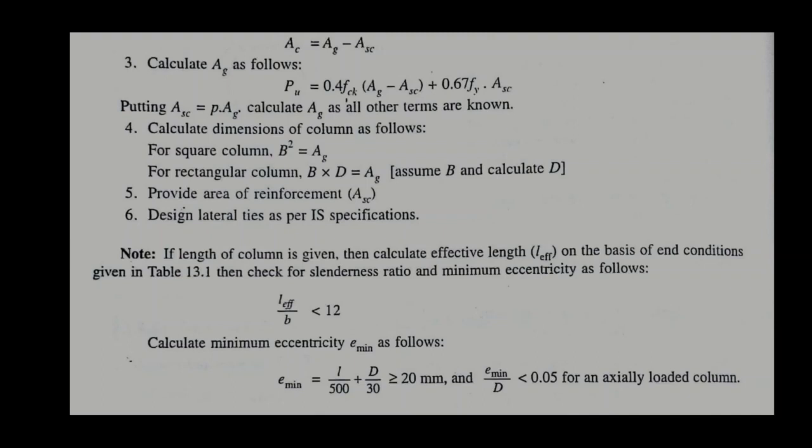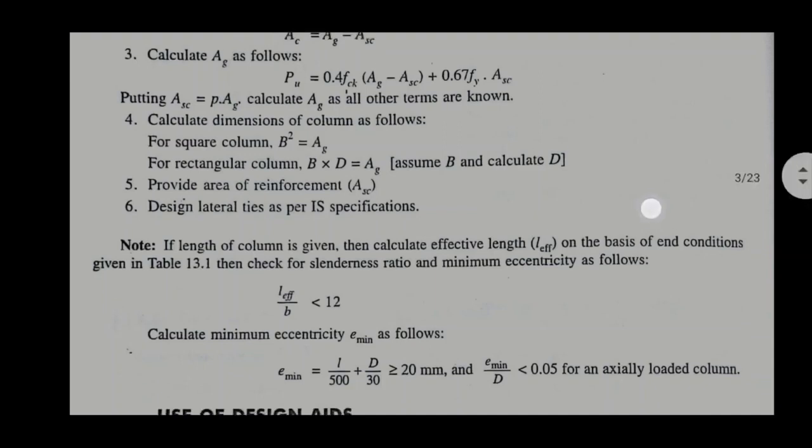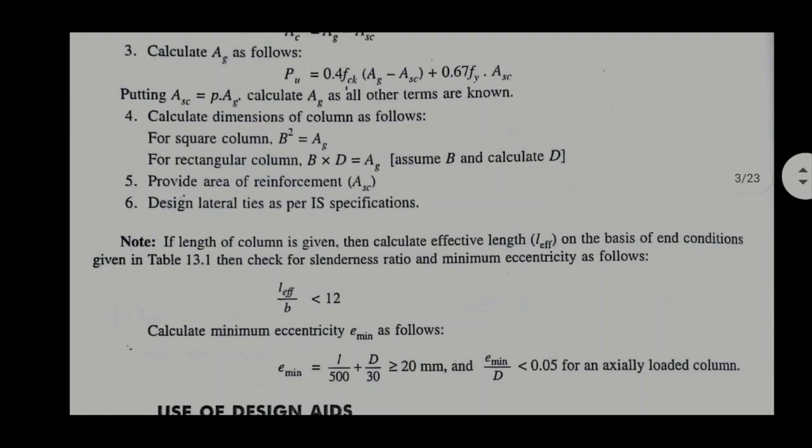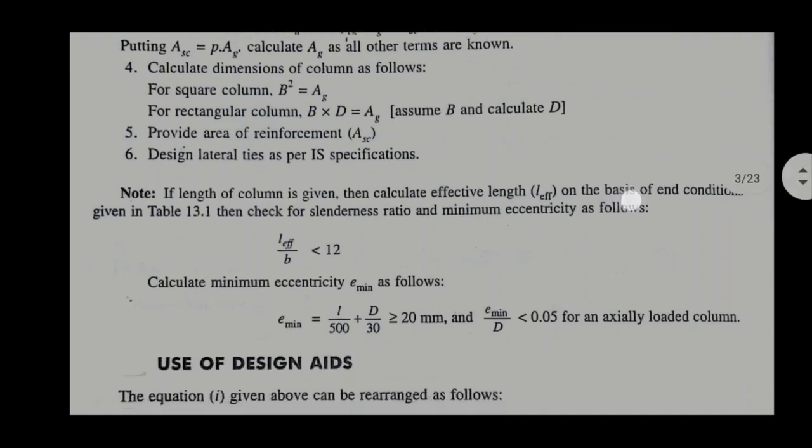Then check the slenderness ratio and minimum eccentricity as follows. L effective by B should be less than 12. After that, calculate minimum eccentricity as follows. e min equals L by 500 plus D by 30, greater or equal to 20 mm, and e min by D is less than 0.05 for an axially loaded column.